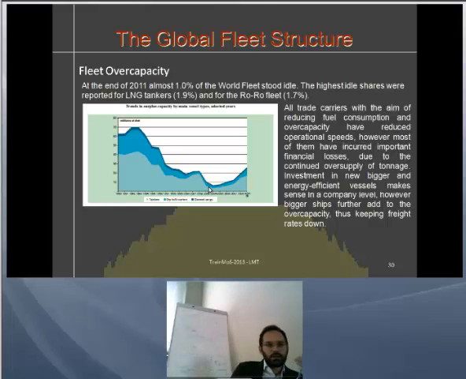Investing in new, bigger ships and more energy efficient vessels makes sense at a company level. However, bigger ships further add to the world overcapacity, and this is keeping the freight rates down.